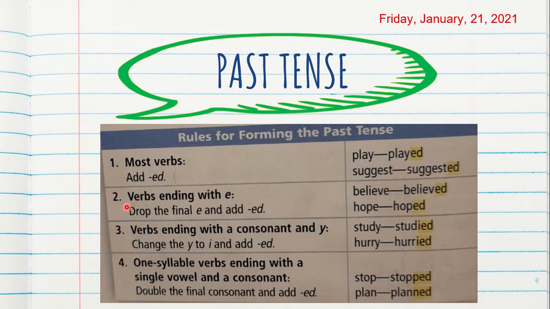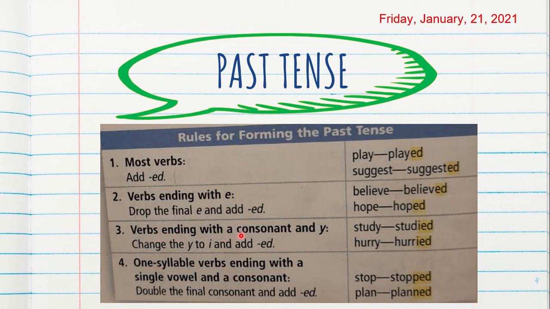Verbs ending in E. I want you to underline this letter, okay? Verbs ending in E, you drop the final E and then add ED, okay? Ending in E means que terminan en E. Believe, believed. Hope, hoped. Joke, joked. Okay?